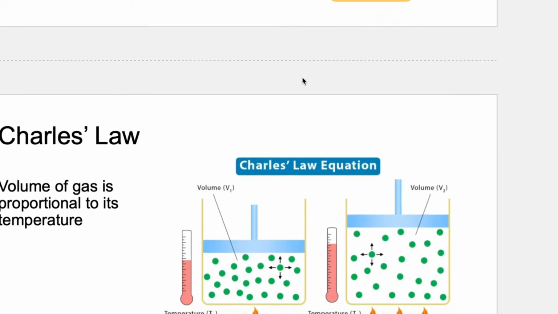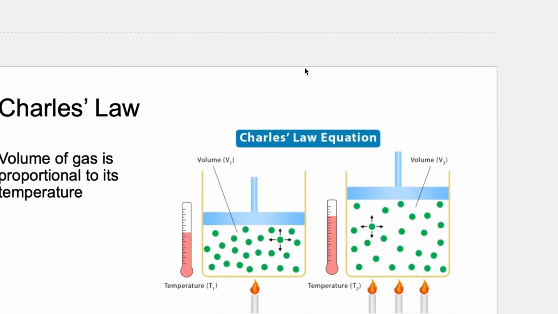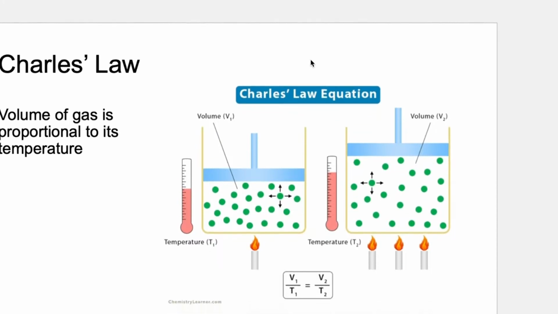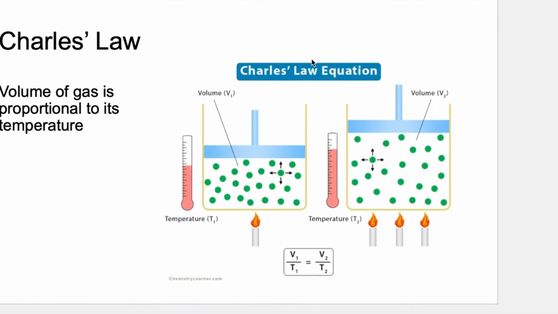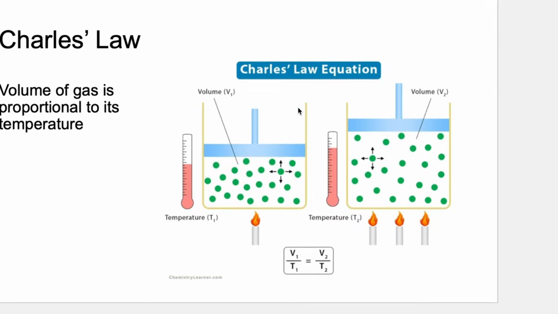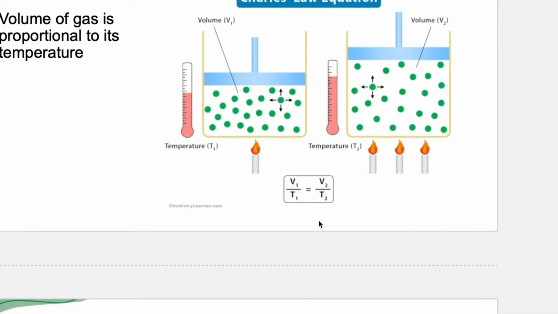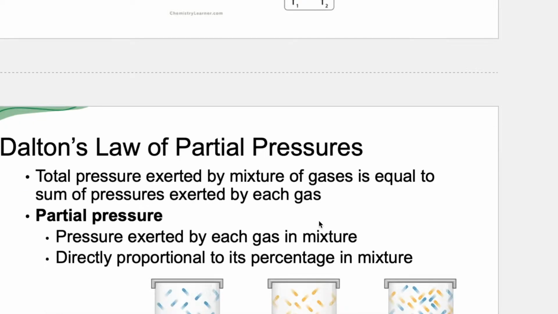Charles' law: the volume of a gas is proportional to its temperature. This is kind of like a steaming pot or a kettle. It'll take up more space once it's hot. It'll take up less space when it's cool.